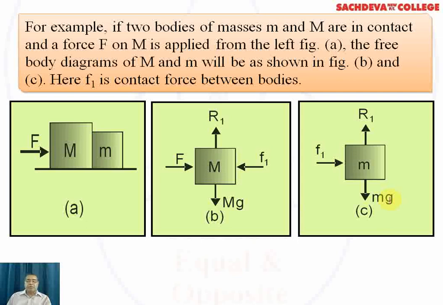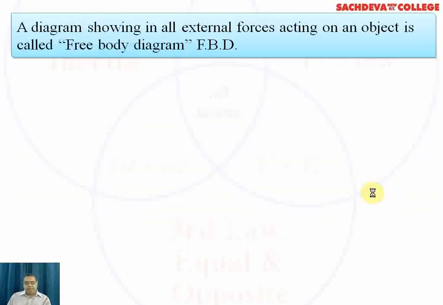So for example, if two bodies of masses small m and capital M are in contact and a force F on M is applied from the left, that is figure A, as I have just now depicted, it is a free body diagram of M and m. The second figure is a free body diagram of capital M. And the third one is a free body diagram of small m.